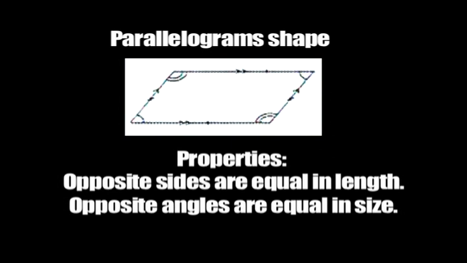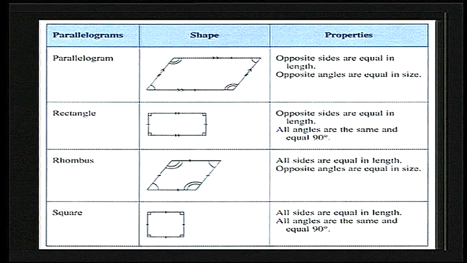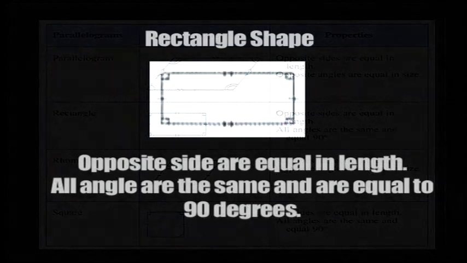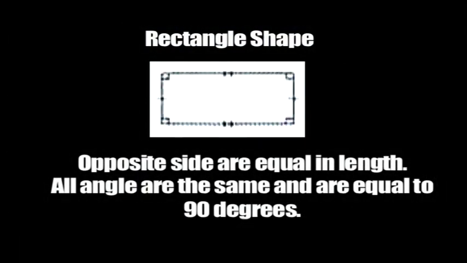Its properties are that opposite sides are equal in length and opposite angles are equal in size. That's for a parallelogram shape. Second one, the common one, is a rectangle. The properties of a rectangle shape are opposite sides are equal in length and all angles are the same and all equal to 90 degrees.